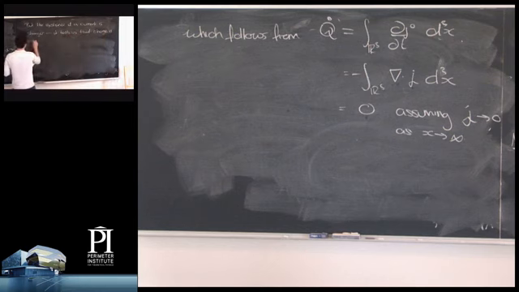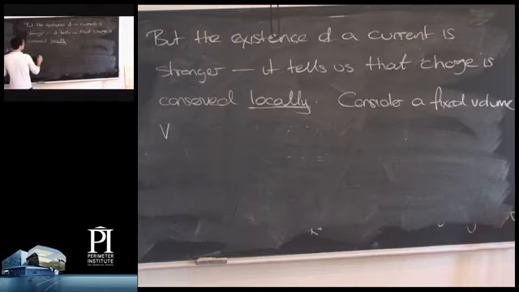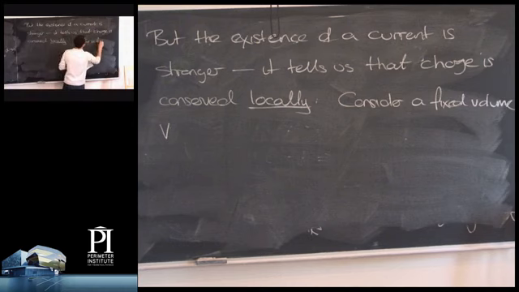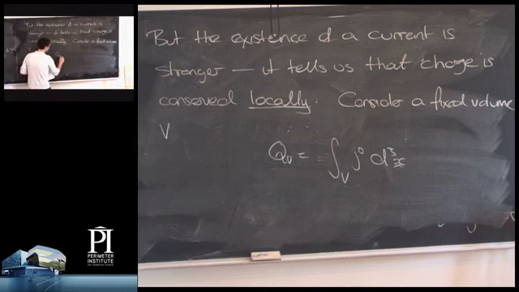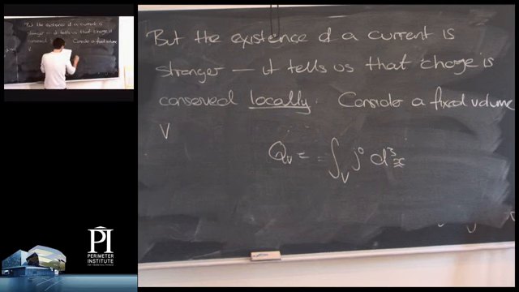The charge is conserved locally. So to see this, consider some fixed volume in space that I'll call V, and define Q_V just to be the integral over that volume of the 0th component of the current.